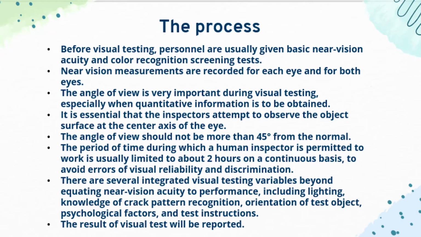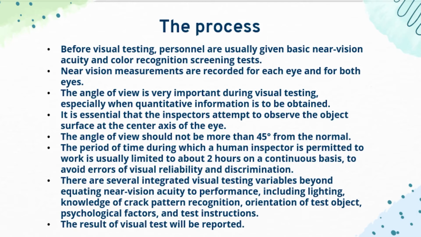There are also several integrated visual testing variables beyond equating near vision acuity to performance, including lighting, knowledge of pattern recognition, orientation of the test object, psychological factors, and test instructions.